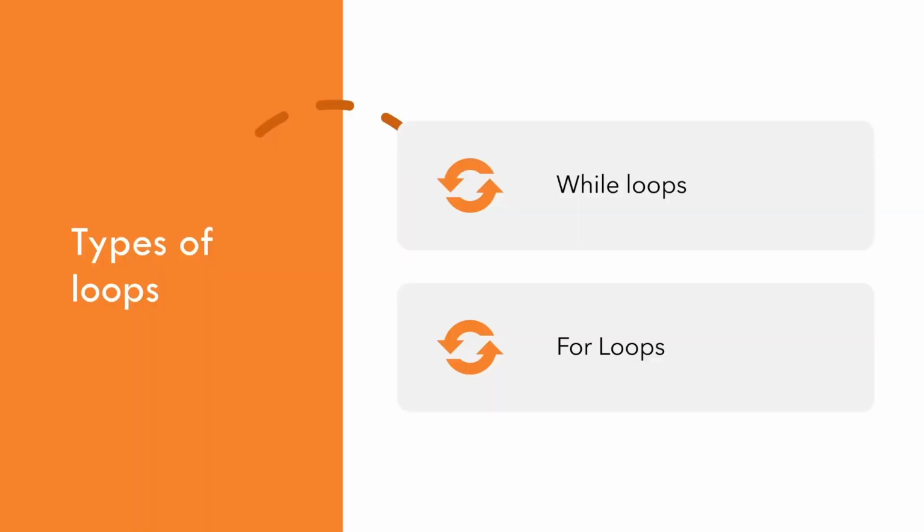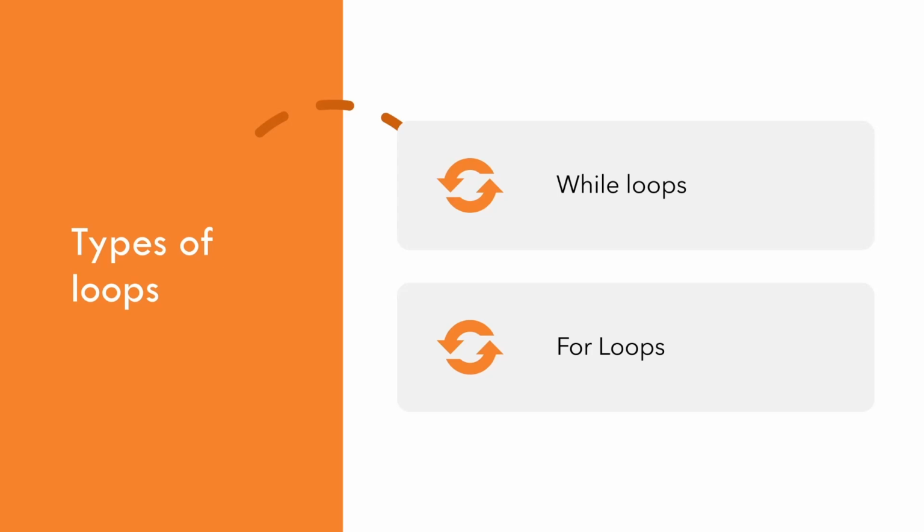So in Python, there's two types of loops that you can create. To be more specific, there's two types of explicit loops you can make. There are other ways you can do some sort of looping in Python, but they're not as explicit, and those will be discussed later on. But for now, we have to worry about two types of loops: while loops and for loops.